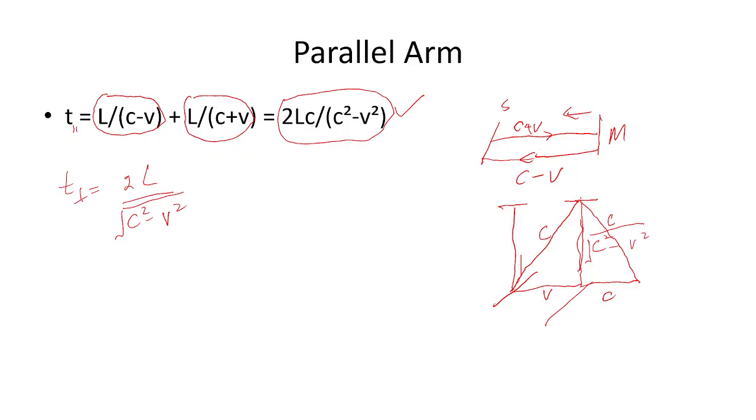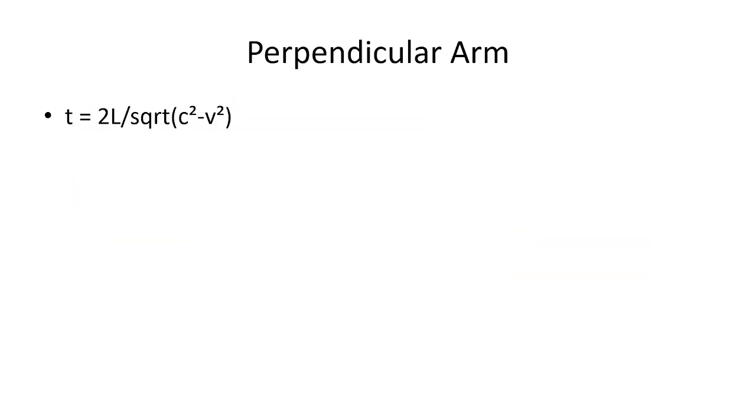And this is the time taken by the beam moving perpendicular to the path of the motion or the velocity of the ether. Okay, so we have to calculate the difference between these two times. You see, I write it in this slide.